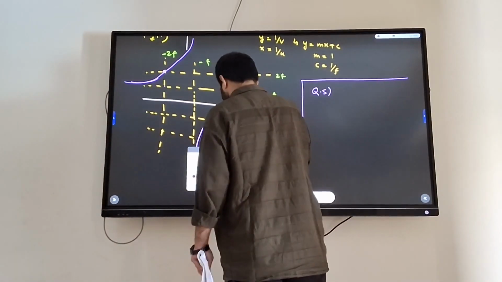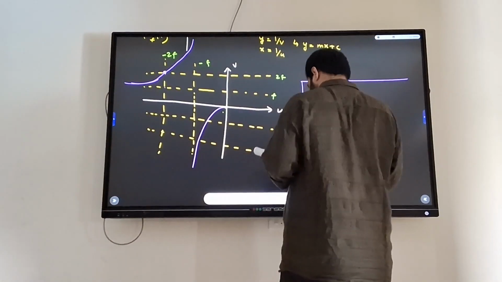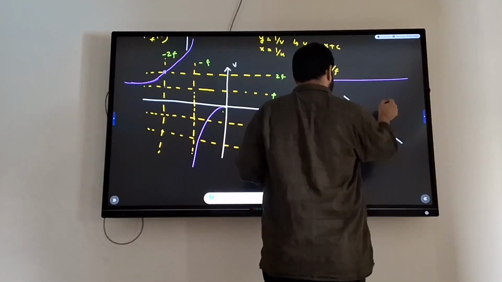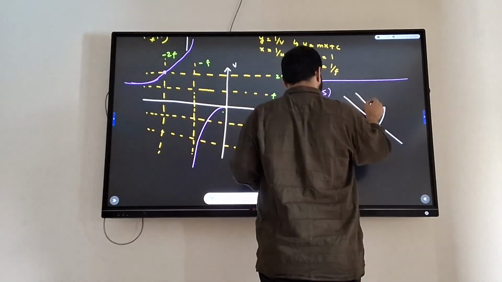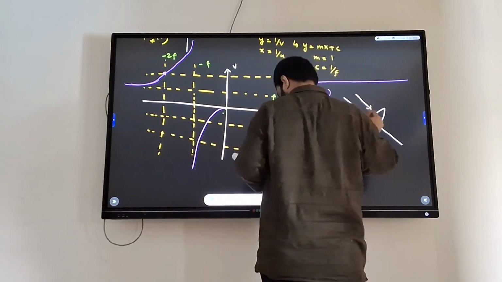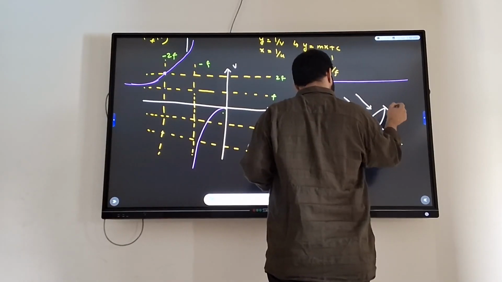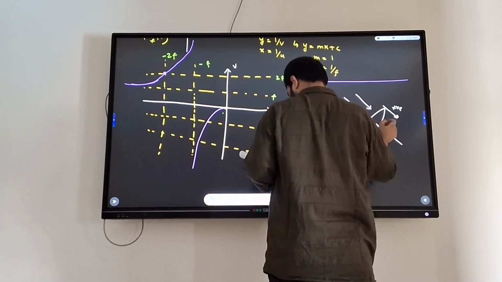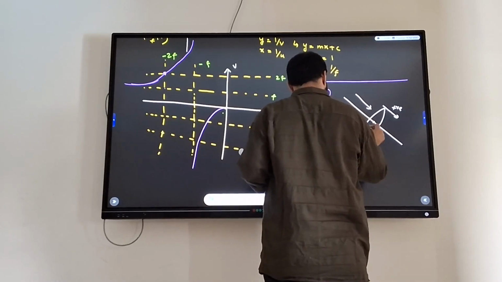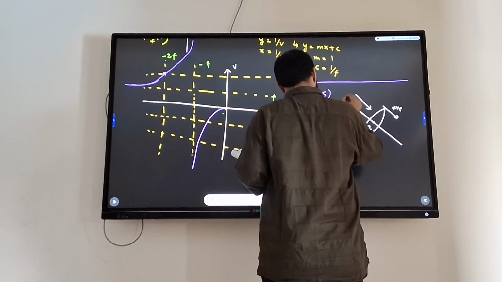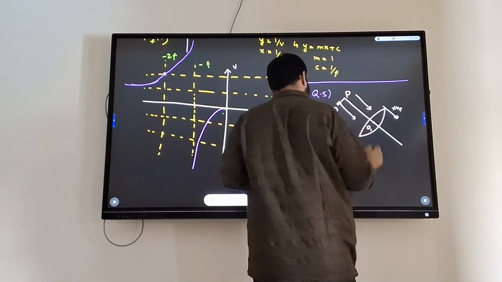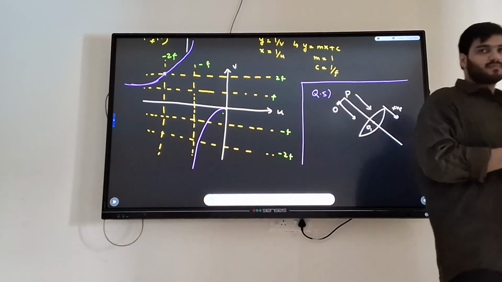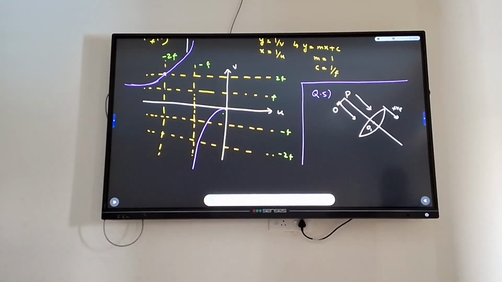The graph is something like this, or rather the diagram. Take it as homework.